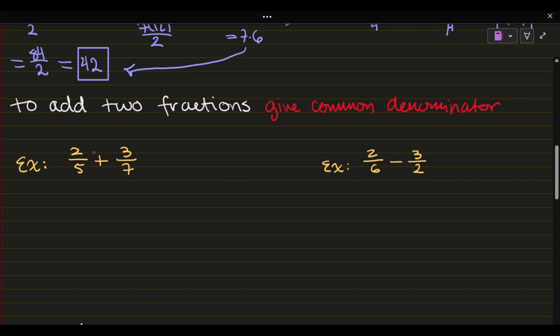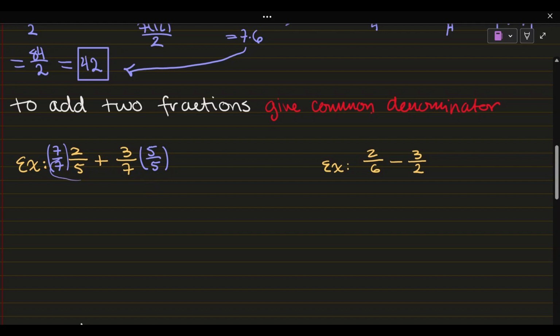In this first example, I want to multiply 2 over 5 and 3 over 7 by something that'll give them the same denominator. So I have 7 over 7 times 2 over 5, and then I want to multiply this 3 over 7 by 5 over 5. The reason I do that is because if I multiply the 5 in the denominator here by a 7, and the 7 in the denominator over here by a 5, they'll match, right?